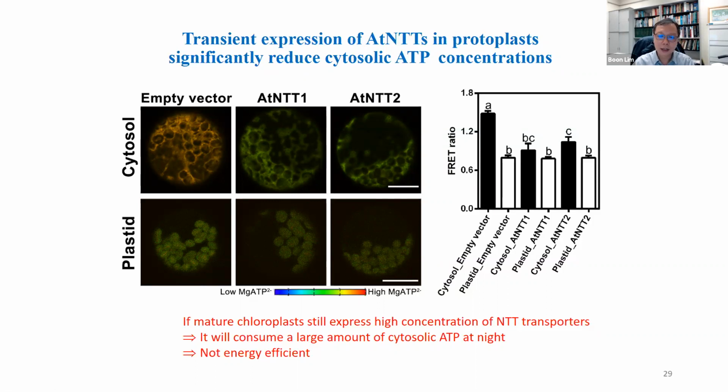After overnight incubation, we can see that the cytosolic ATP level in the protoplasts transfected with the NTT transporter dropped to a low level. Whereas if we transfect the empty vector, the cytosolic ATP level is still quite high.